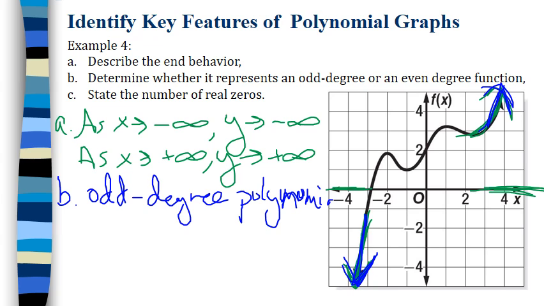And that would make sense because in an odd degree polynomial, when x is negative, y will stay negative. When x is positive, y will stay positive. Okay, and then we want to know the number of real zeros. Remember, the zeros of our function are where it crosses the x-axis. So here we see it crosses at 1 point. So the graph will have one real zero, and that's because there is one x-intercept.